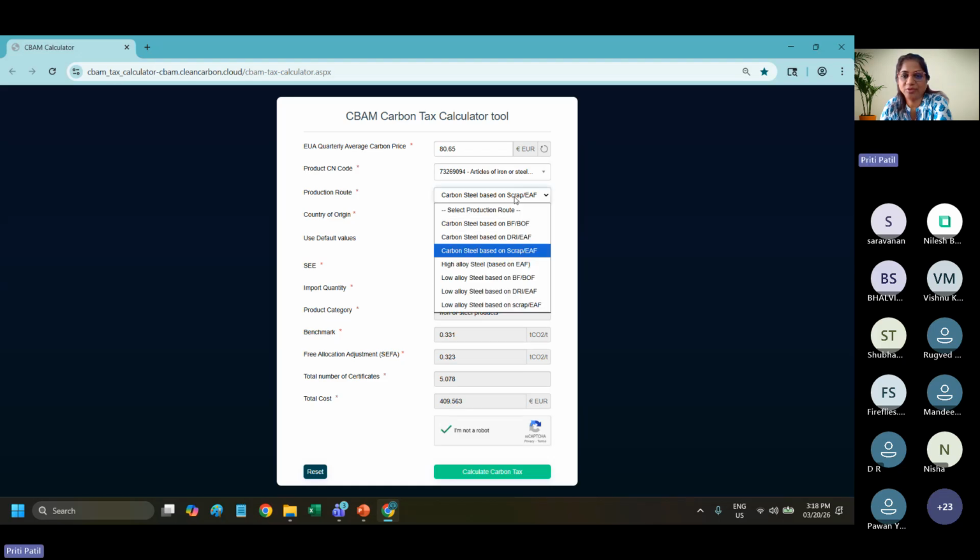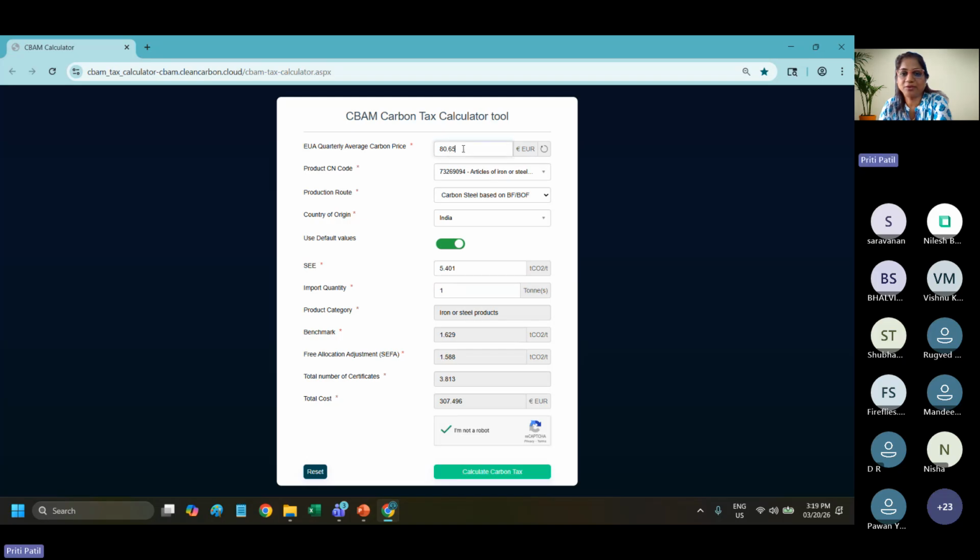So BF gets a better advantage of pre-allocation than scrap-based production. Similarly, if you go for low alloy, it will be different. It is 0 for low alloy, scrap-based. 0 benefit. The entire amount is taxable. So it becomes 435 euros. So this way, you can change different values and see how the cost differs based upon that.